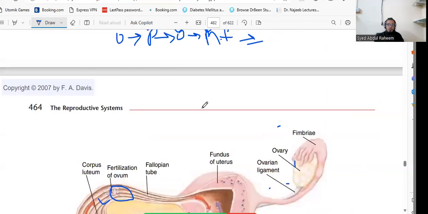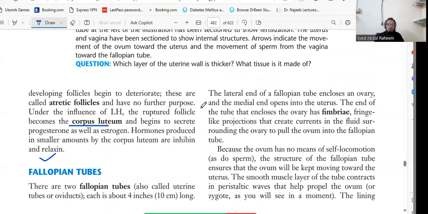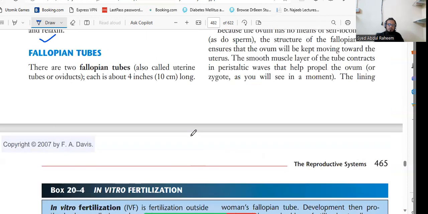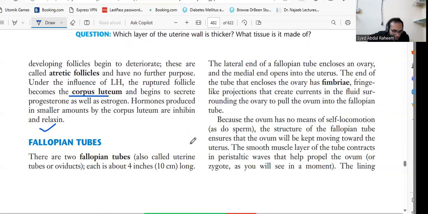You have to remember all those things, very important. Then the ovum will come to the fertilizing spot, that is, the fallopian tubes. Next, we'll talk about the fallopian tubes. The two fallopian tubes are 10 centimeters long.